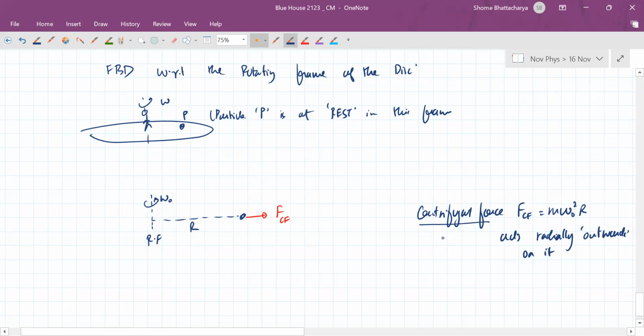So this centrifugal force gives it a tendency to slip. And to prevent that slipping from occurring, friction acts.